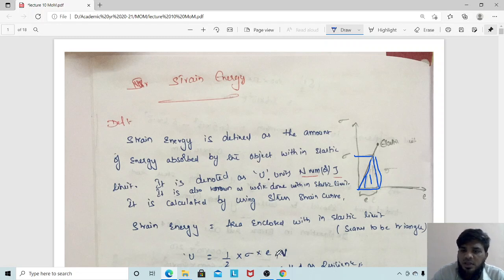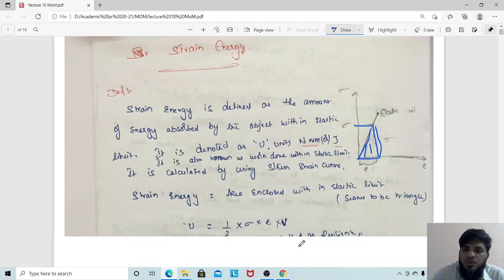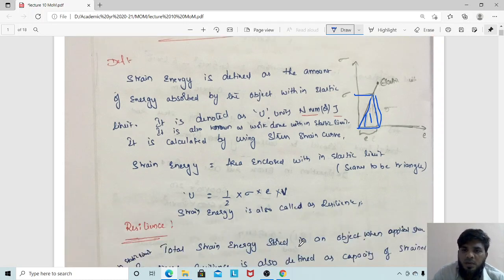Since strain is the change in length to the original length, and stress is force divided by area, area into length is nothing but the volume. So the amount of strain and stress depends on the volume.